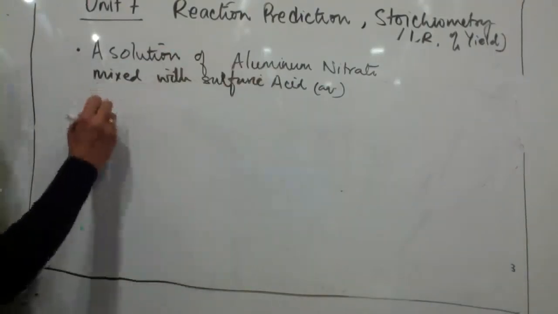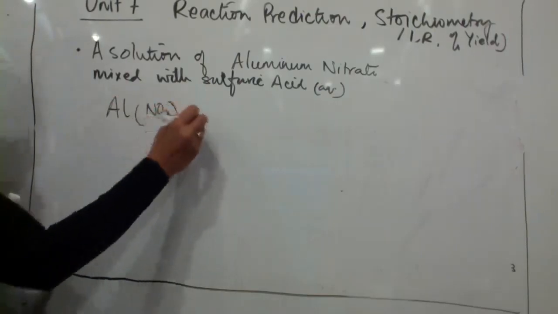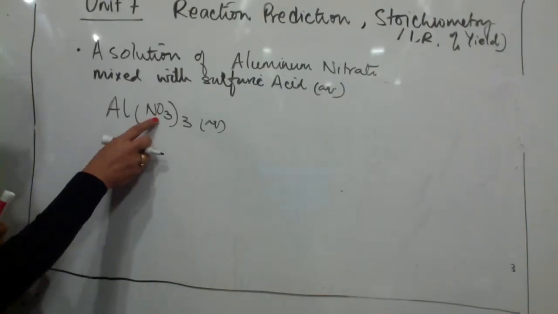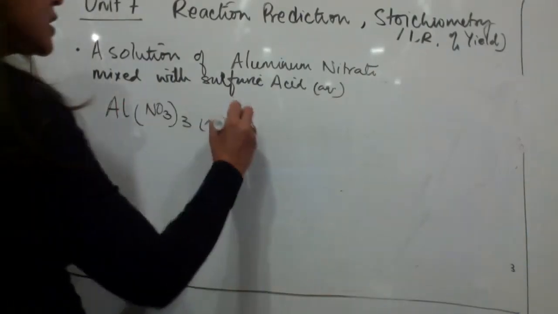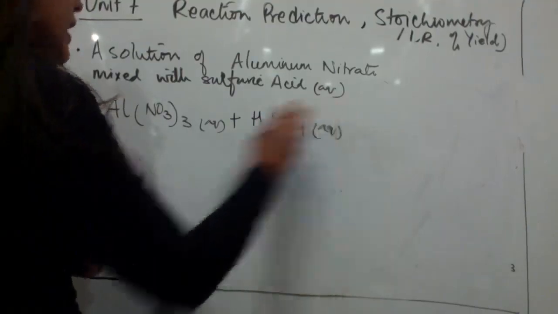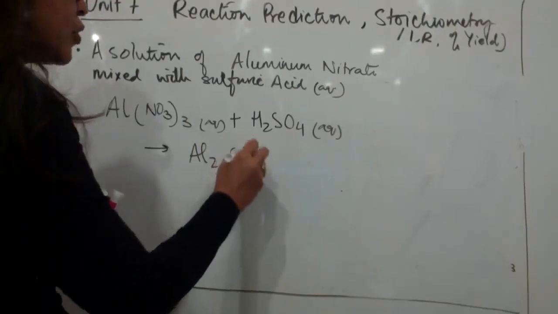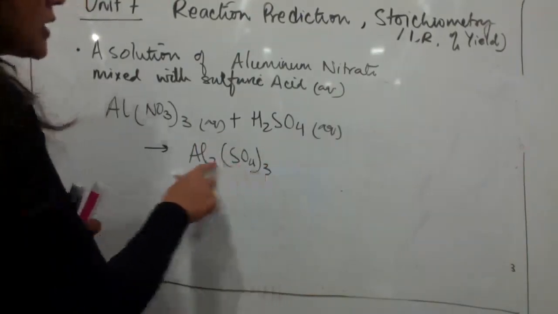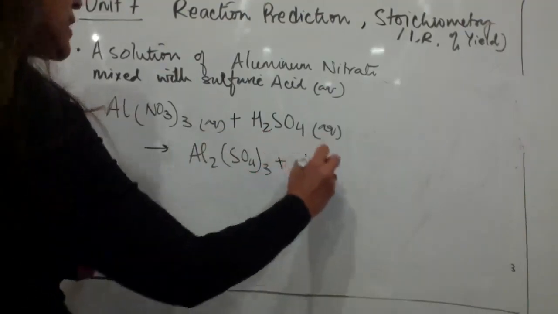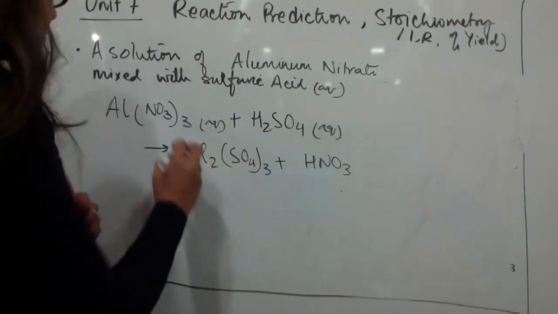So aluminum nitrate, Al(NO3)3 aq, because aluminum is 3+ and NO3 is -1. Sulfuric acid is H2SO4 aq, and it's a double replacement reaction. So it'll be Al2(SO4)3. Remember, the subscripts are determined by charges on the ions, plus HNO3 is the complete molecular equation.